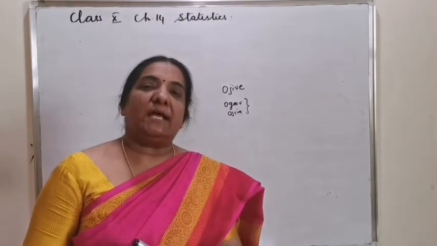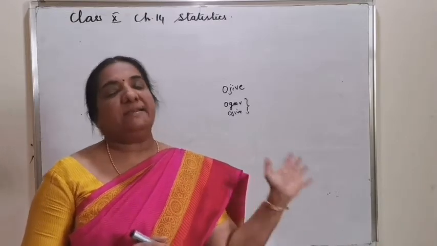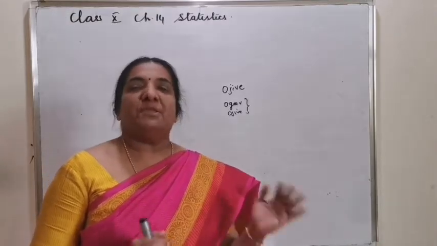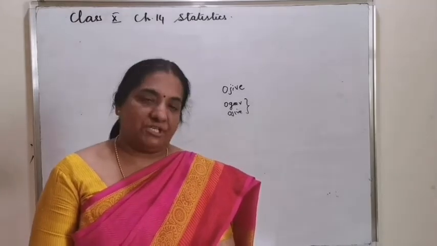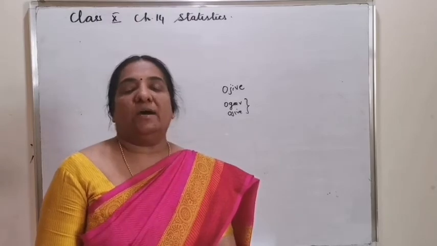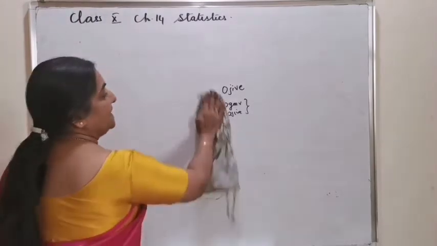Since there are two types of tables you can form, less than cumulative table and greater than cumulative table, you will get less than ogive as well as greater than ogive. Let's see how a table is converted into both these cumulative frequency tables.